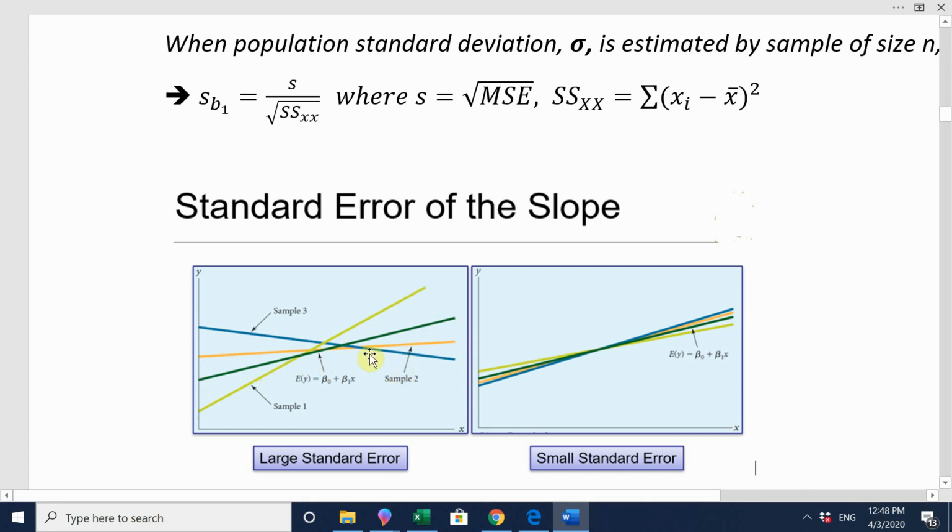In another scenario here, see the orange line. This is the result of another sample of size n, n always being the same, of course. And here we get another slope B1. We're getting another slope B1, and so we see how this line varies about the true regression line.